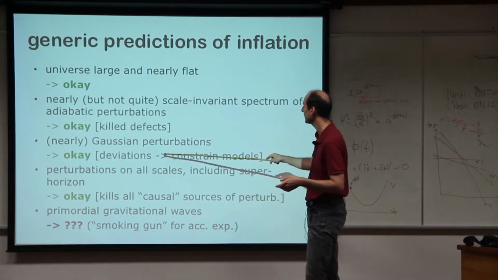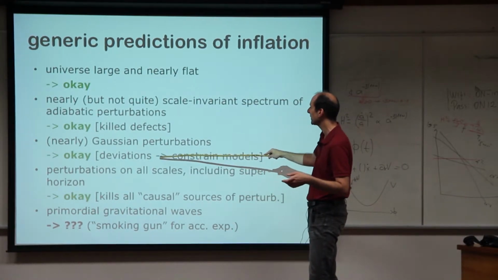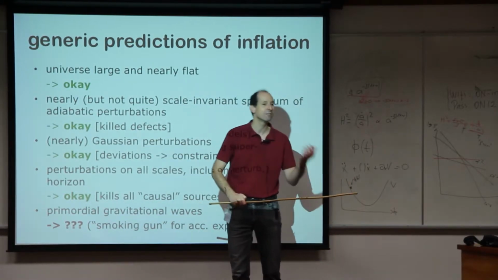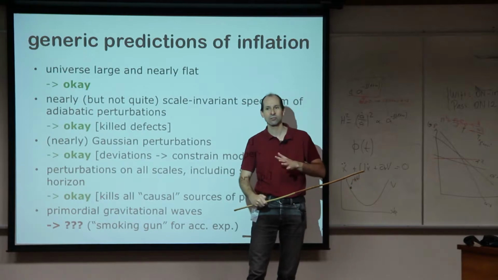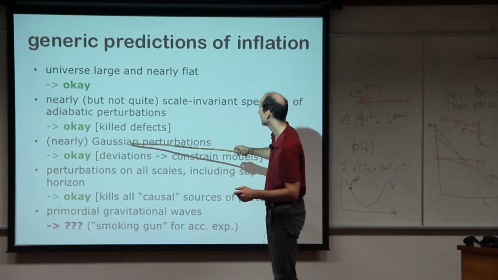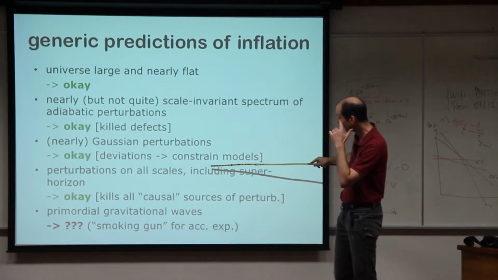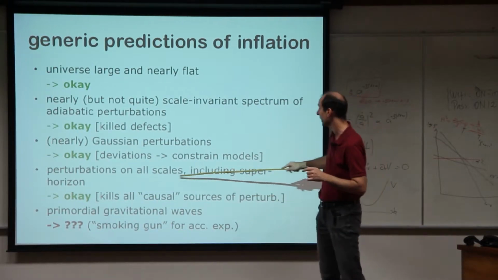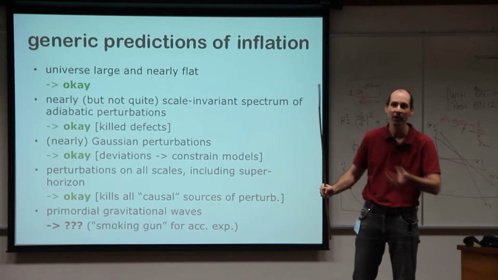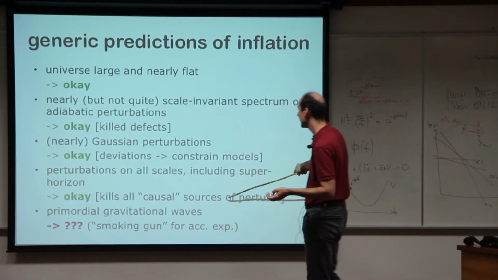Actually, it's a bit of a shame that they are so close to Gaussian that Planck did not see any deviation, because if you see deviations, then that tells you a lot about the actual model that underlies inflation. Okay, and these perturbations are created on all scales, including what is naively super horizon because of the argument, and indeed we see them.